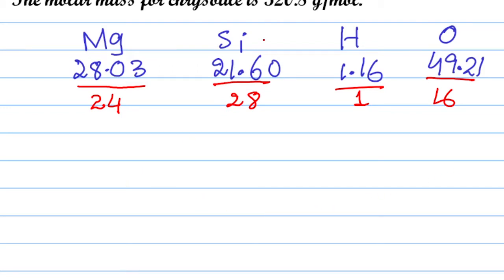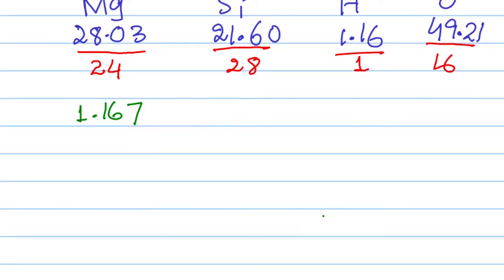So after calculating the number of moles, we will get the answers: 1.167, 0.771, for hydrogen 1.16 again, and 3.07 for oxygen.